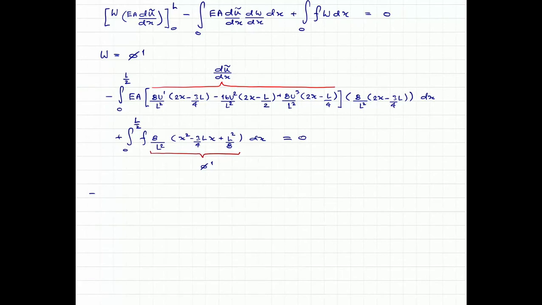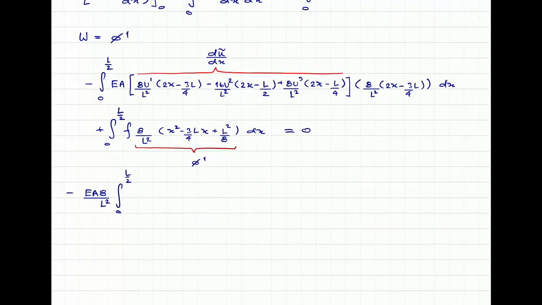Minus EA times 8 over L square. Take this whole thing outside. Integration from 0 to L over 2. In the bracket, U1 to x minus 3 quarter L, the whole thing square.